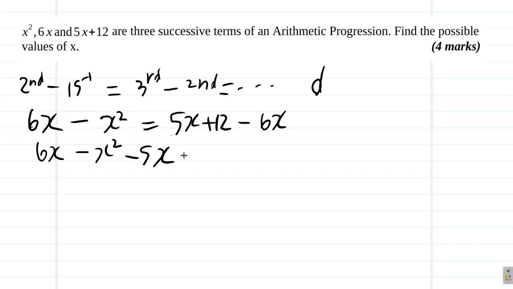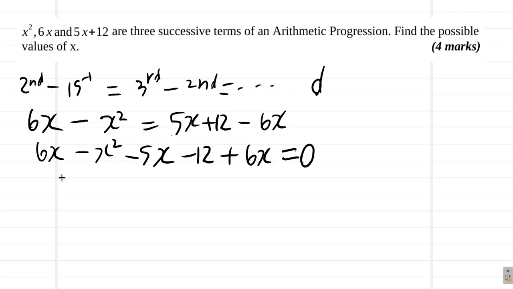Subtract 12 from both sides, you get minus 12 on the left. 12 minus 12 on the right is 0. Then with the minus 6x, you have to add 6x to get rid of it on the right. So you must say plus 6x on the left. Negative 6x plus itself on the right, that's gone. There's nothing left on the right hand side, so that's all equal to 0. Alright?